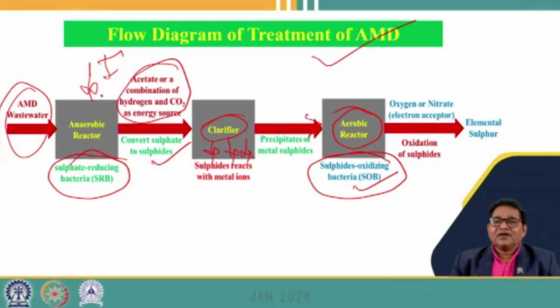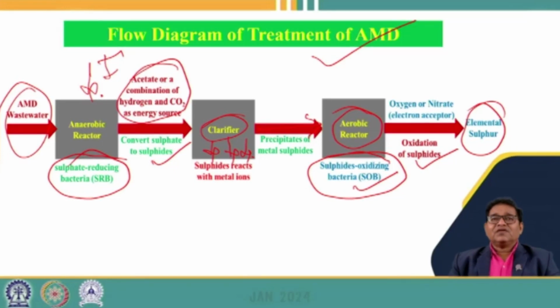These sulfide oxidizing bacteria use oxygen or nitrate as an electron acceptor and oxidize this sulfide into elemental sulfur, and finally we are able to convert this entire sulfate into sulfur or metal sulfide, which are separated from the acid mine drainage, and the treated acid mine drainage can then be used for different beneficial purposes, industrial uses.